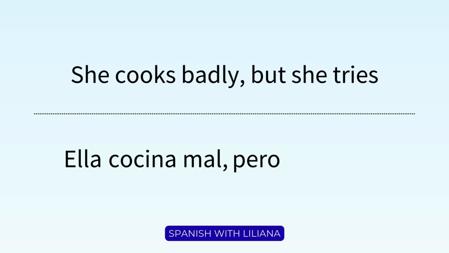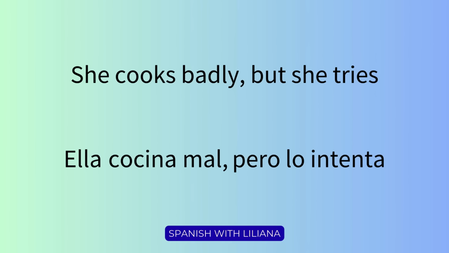And this is one of the verbs that we have to use with an indirect pronoun. Lo intenta. Lo refers back to cooking. We can add ella as well. Pero ella lo intenta. But it's not necessary because we already said ella at the beginning. Ella cocina mal, pero lo intenta.